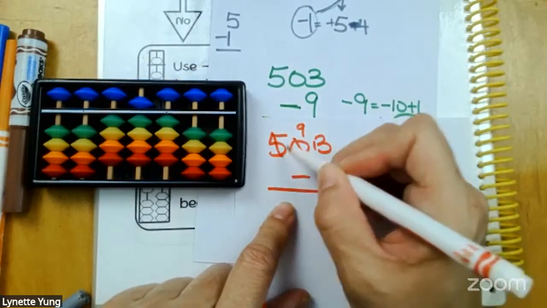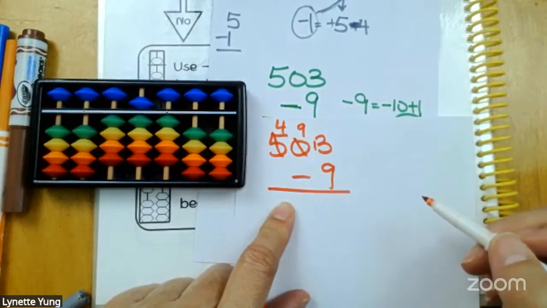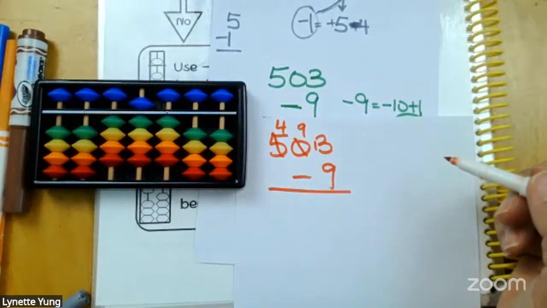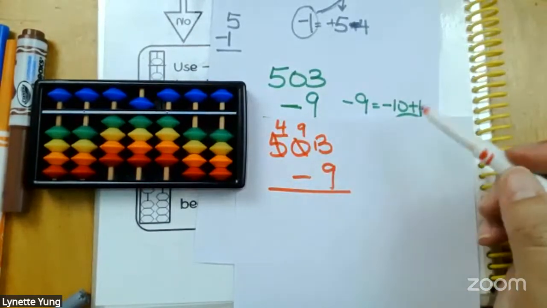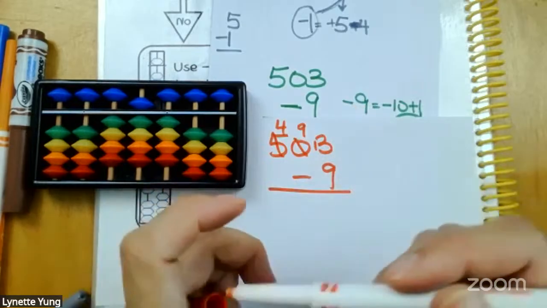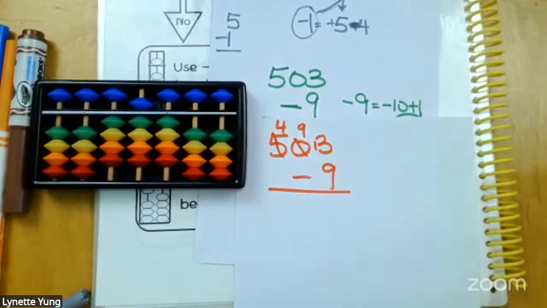Cross this out, make this a 4. And then cross out the 3 and it'll equal 4. No, the 3, because a 3 minus 9, they borrow. Yeah, that's the difference.